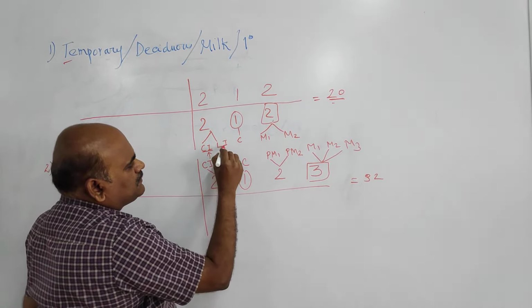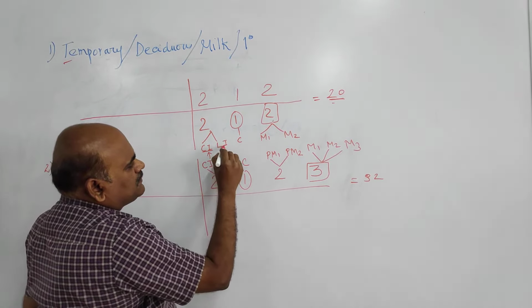Similarly, the permanent second premolar replaces the temporary second molar. This we have to remember. Since these permanent teeth, the incisors, canines and premolars, erupt by replacing the corresponding deciduous or temporary teeth, they are called successional teeth.